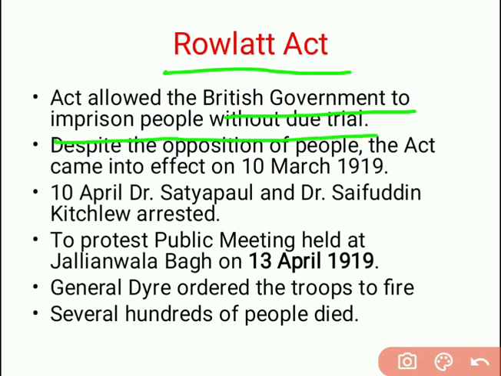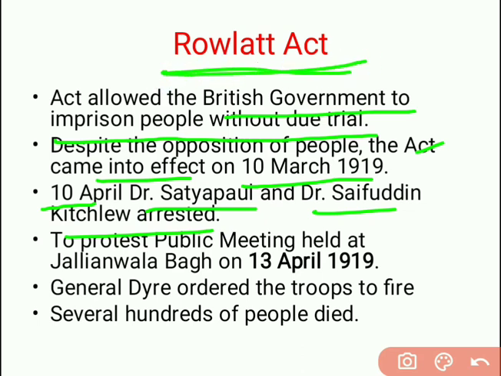Despite vehement opposition by the people, this act came into effect on 10th March 1919. Afterward, masses gathered to oppose this law, and on 10 April, two leaders, Dr. Satyapal and Dr. Saifuddin Kitchlew, were arrested because they were opposing the Rowlatt Act.